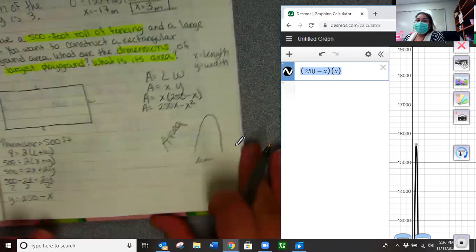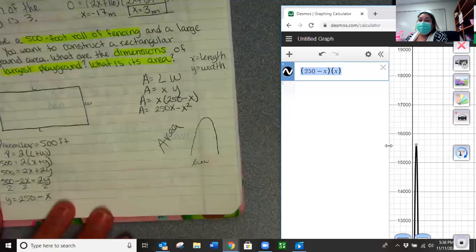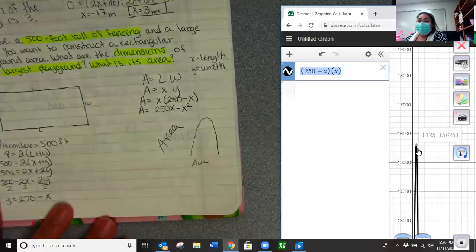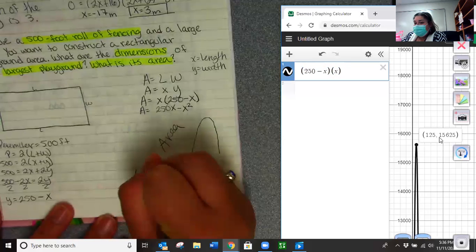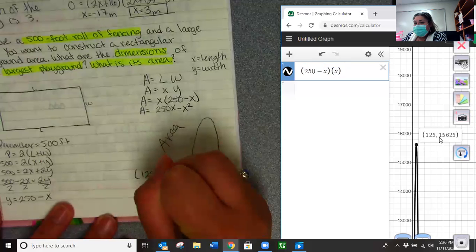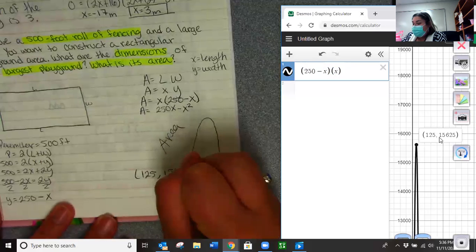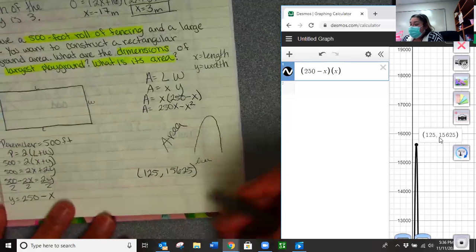Okay, so from there, because I want to maximize my area, I'm going to look for the maximum, which is at 125, comma, 15,625. So what does that mean?